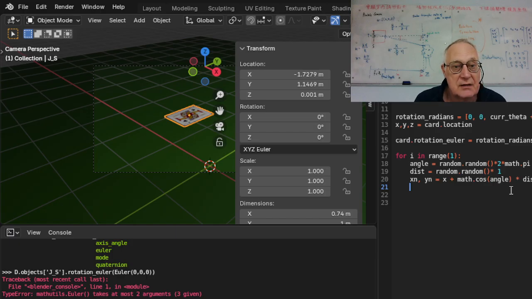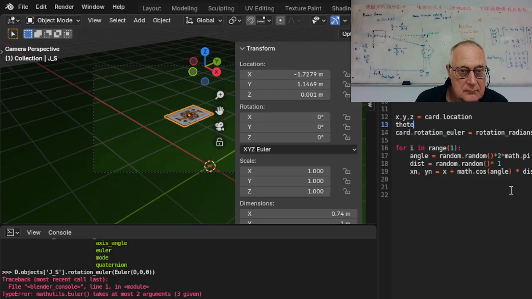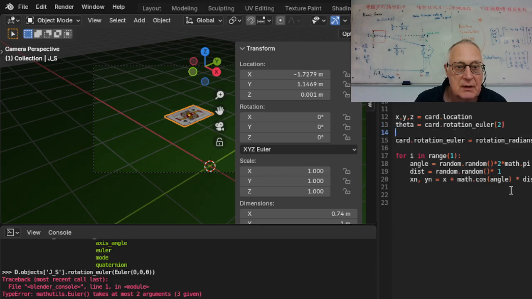And then I want to rotate the thing, so the new Euler 2, then I just rotate the card by 2 times math.pi.